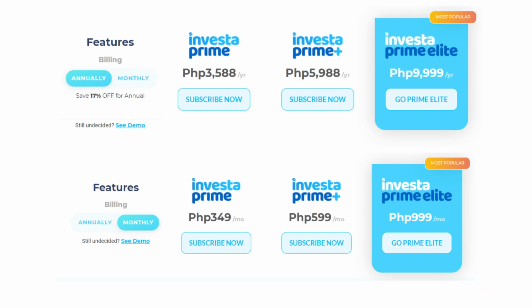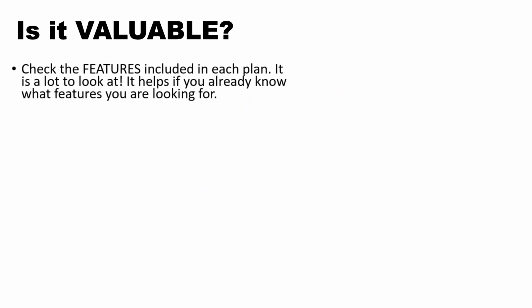And here is a slide of all the Investa pricing plans, the subscriptions. We have Prime, Prime Plus, and Prime Elite. Above is the annual, and below is the monthly, so you can take a look at those prices. Question, is it valuable? Well, you got to check the features included with each plan, whether you choose TradingView or Investagrams.